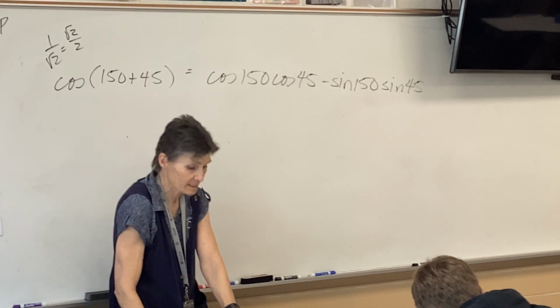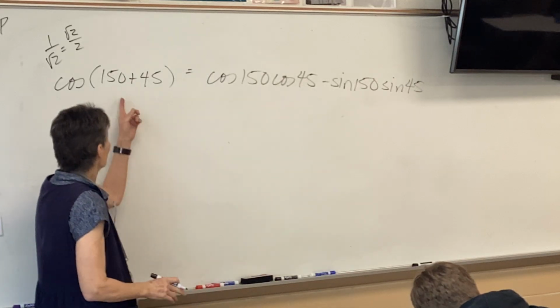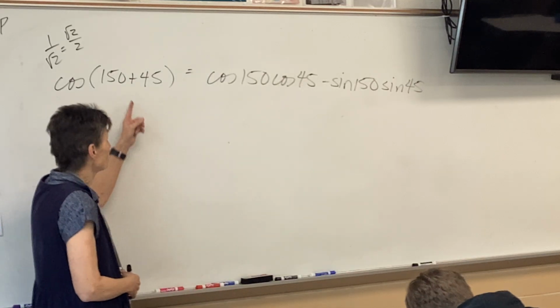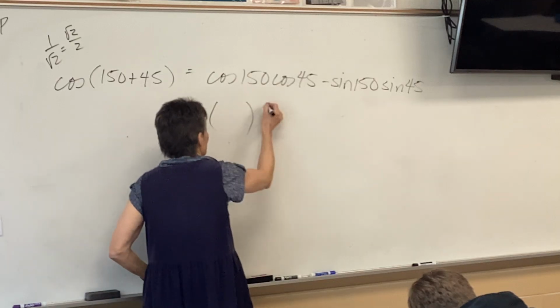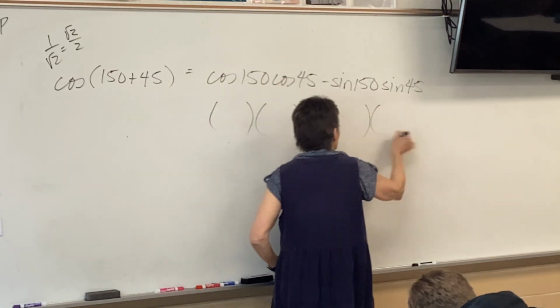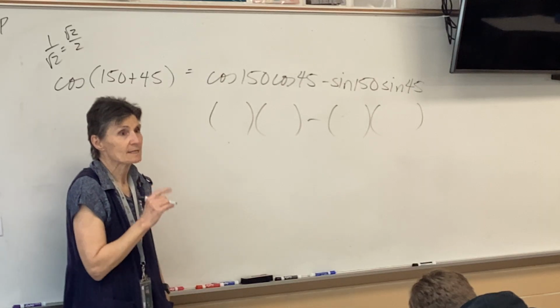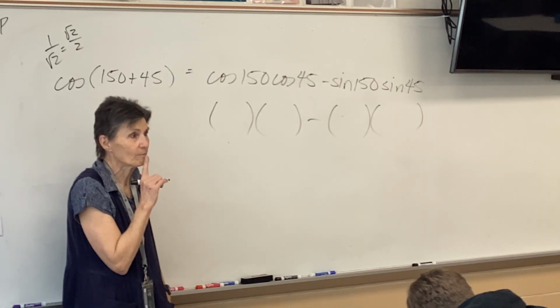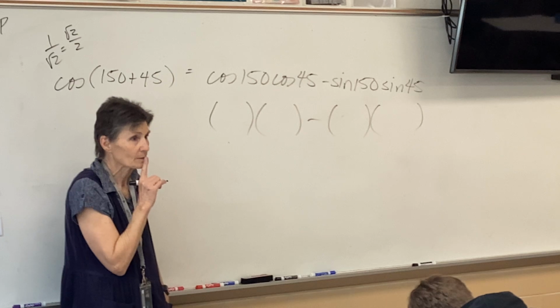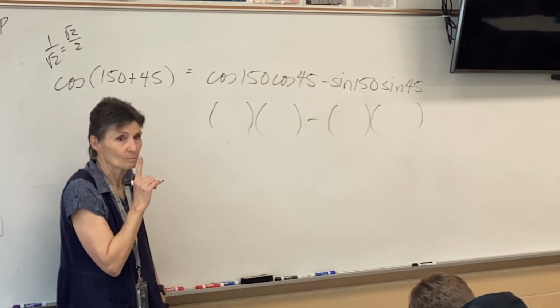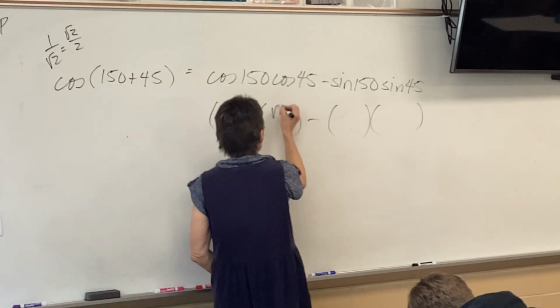Cosine, cosine minus sine, sine, and that's the sum for the cosine of U plus V. Okay. Now, I just erased my 45-degree angle. Does anybody remember what the sine and cosine of 45 are? Root 2 over 2. They're both root 2 over 2.